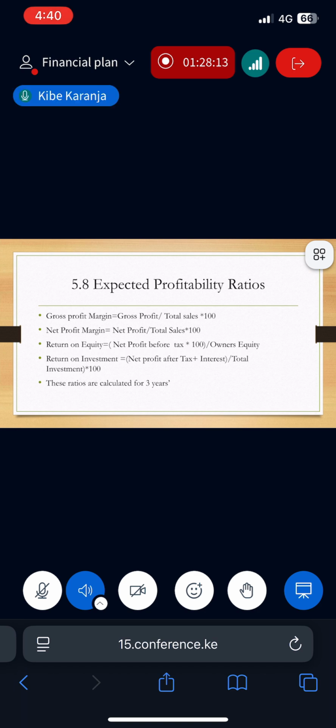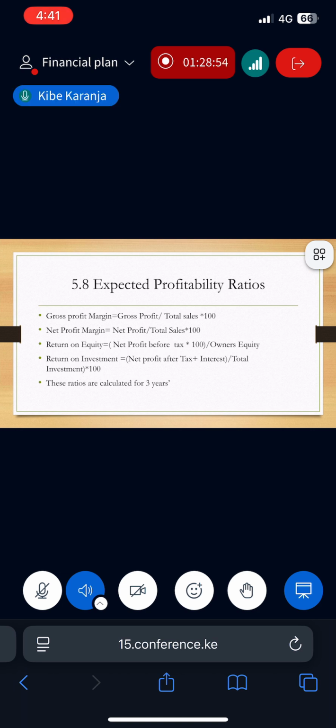This is simply answering the question: for every shilling of your own income, which we are referring to as equity, how much return are you getting out of it? You do this by getting net profits before tax over owner's equity times 100. Or you can even do net profit before tax times 100 over owner's equity. Whichever approach you take, it is going to give you the same answer.